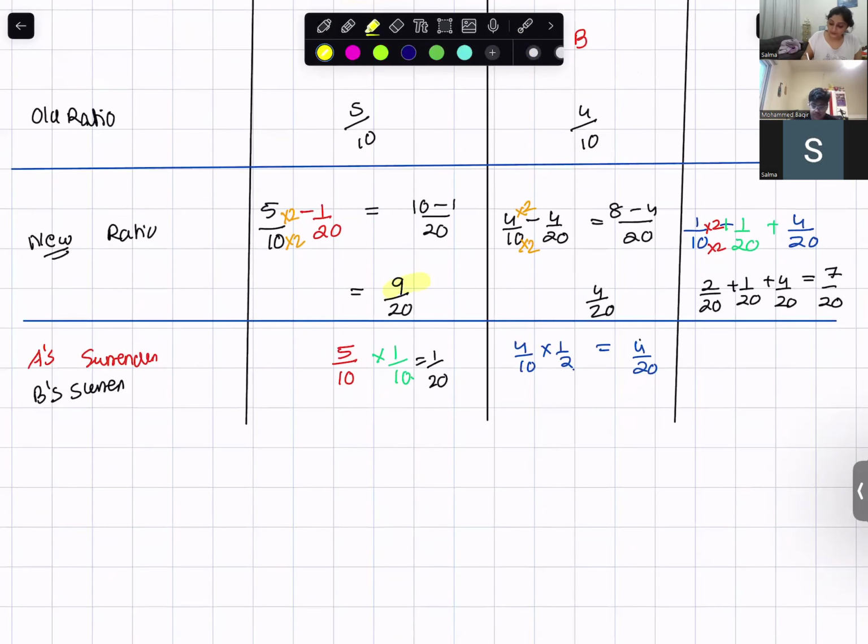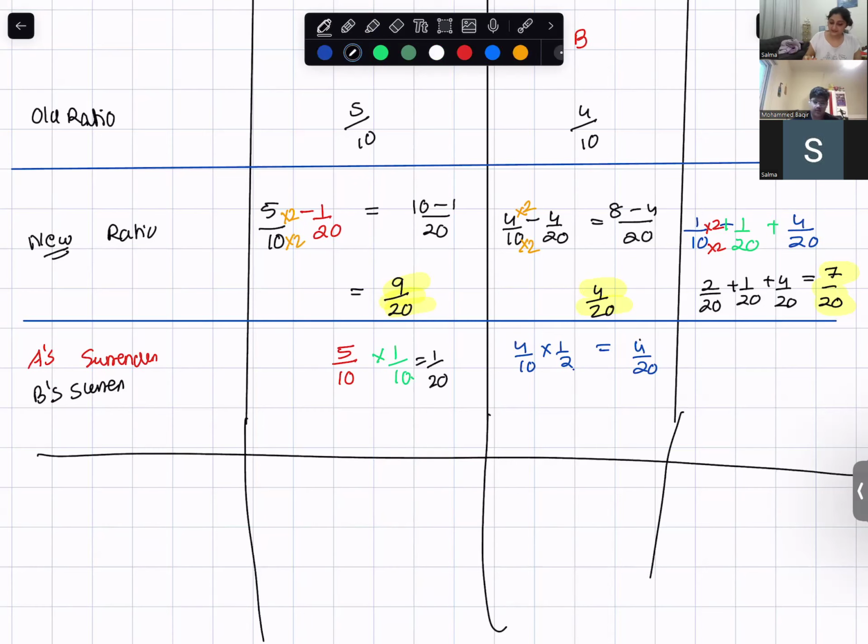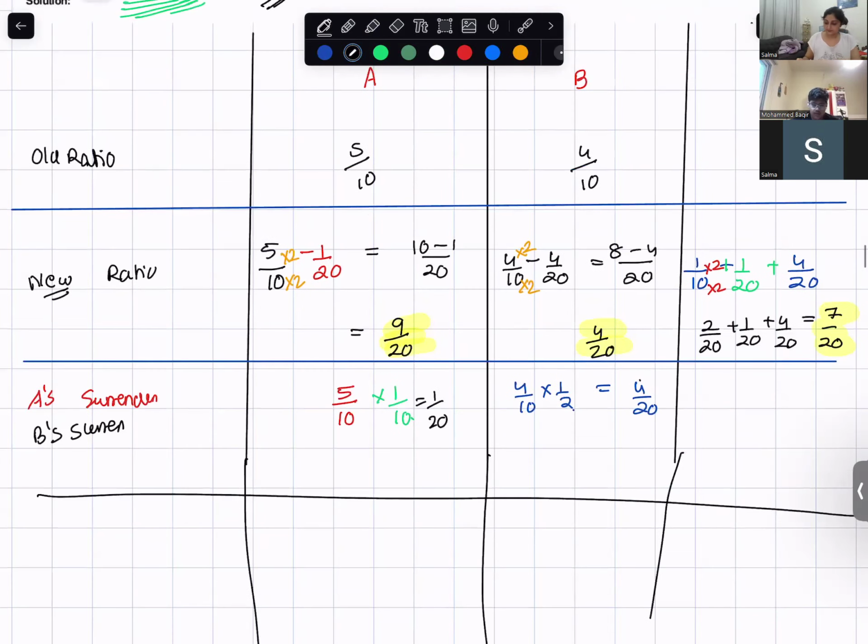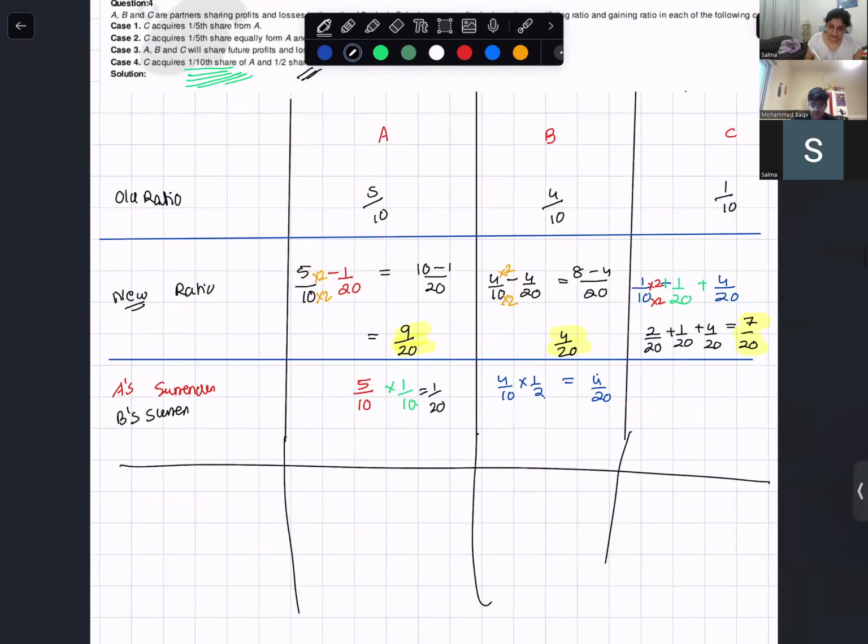So the new ratio overall for A, B, and C is 9:4:7. So it is 9/20, 4/20, and 7/20.